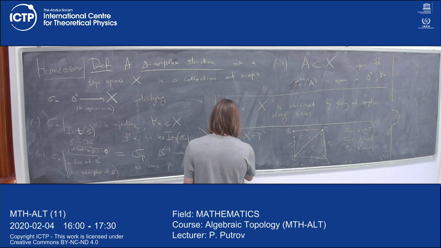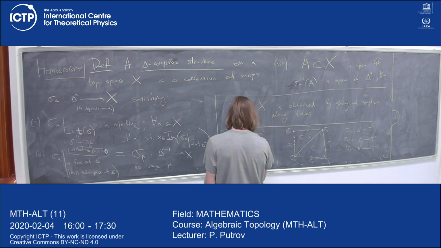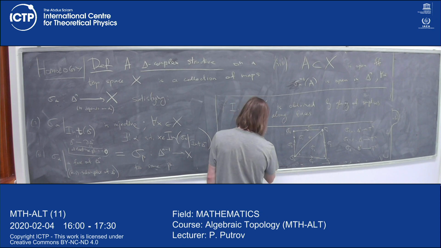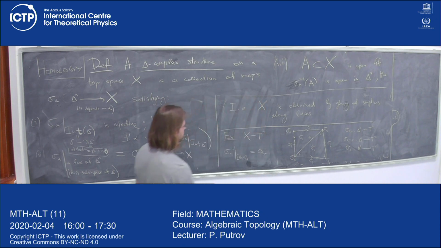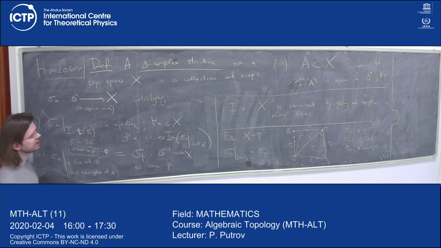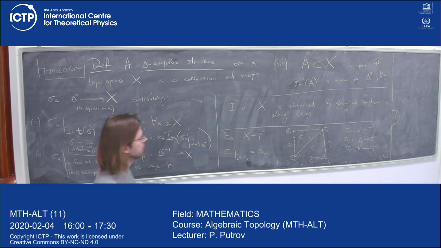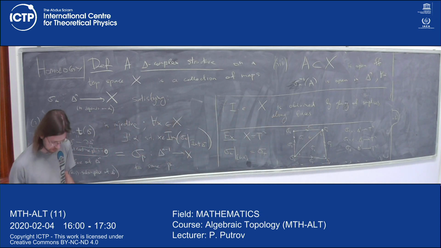And then, for example, if I restrict it to this face, V0, V1, this is the same as sigma 5. And of course, one can check it for all other faces. Questions?